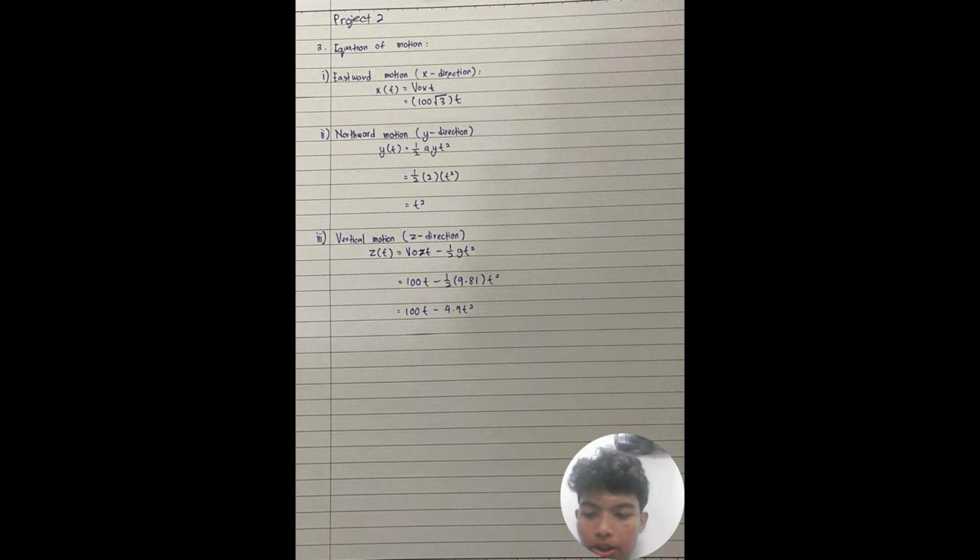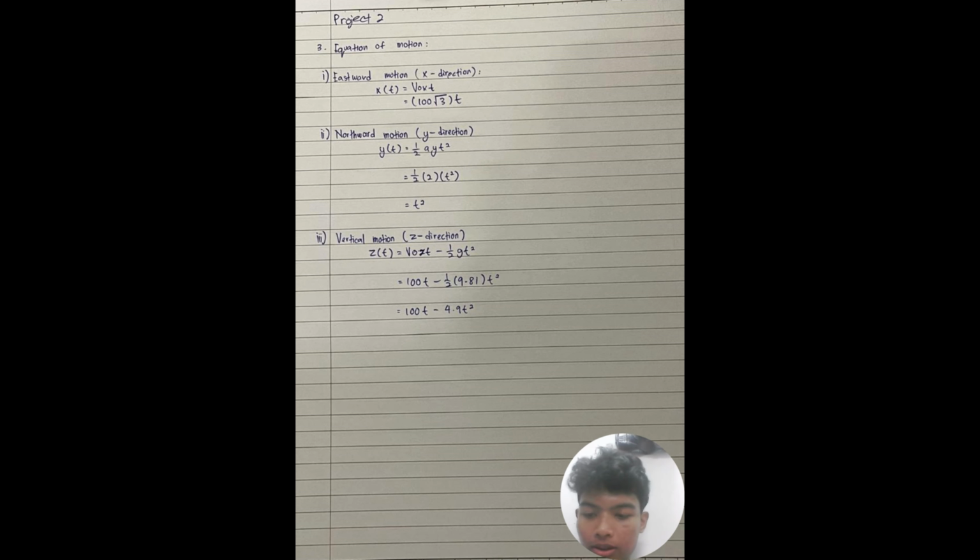For the vertical motion, the z direction. Position as a function of time: z(t) equals v0z times t minus 1 over 2 g t squared.